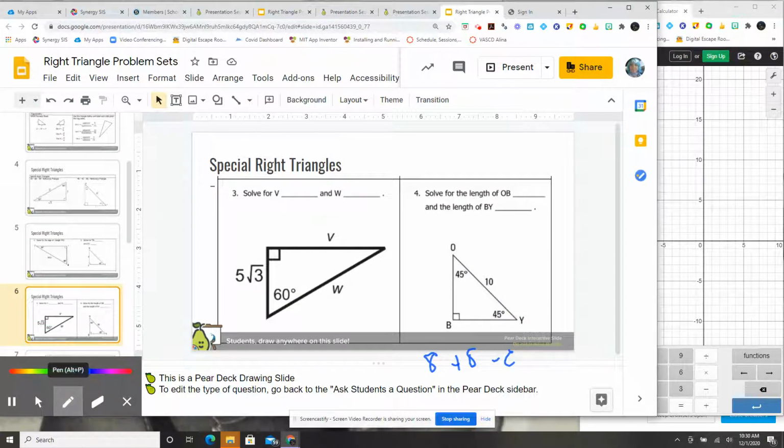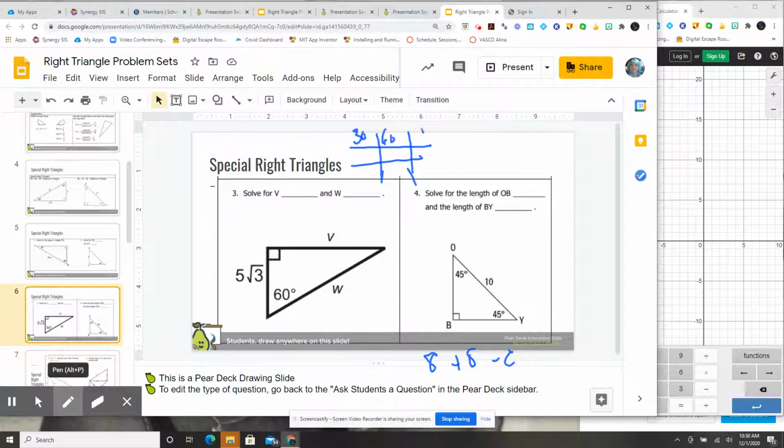Again, we've got our 30, 60, 90 triangle. So 30, 60, 90, x, 2x, x on the square root of 3. So this equals x. That means 5 on the square root of 3 goes here. This is 10 on the square root of 3, 10 on the square root of 3.